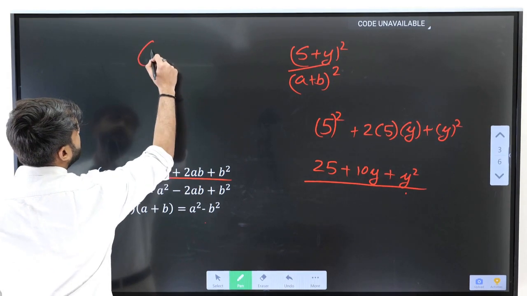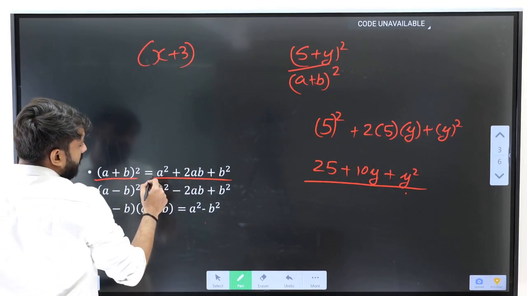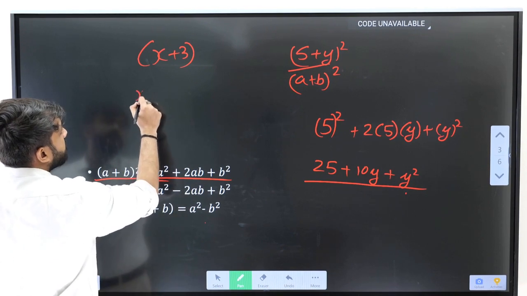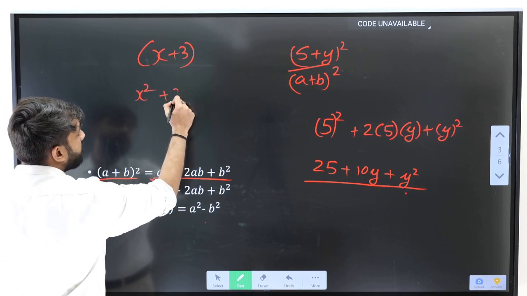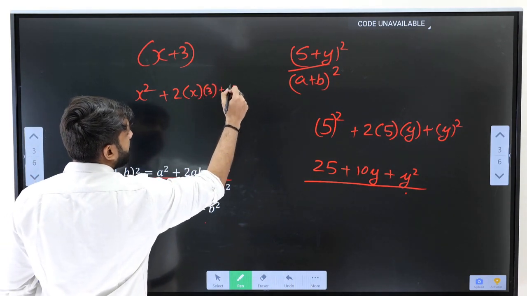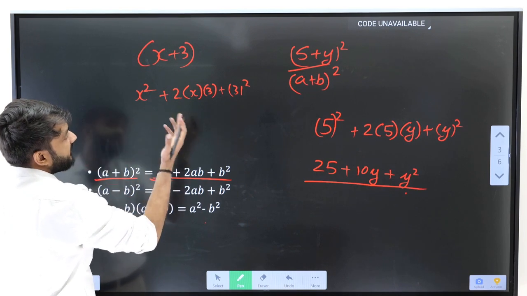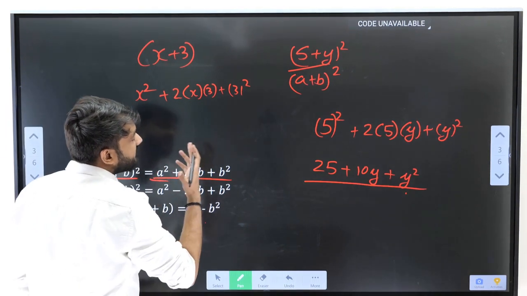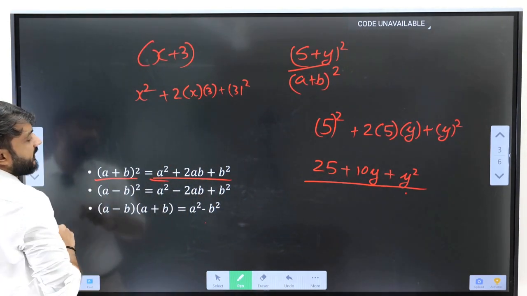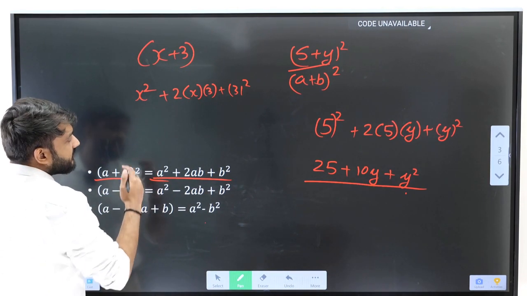Let's try one more. Let's try x plus 3. Now, I can just simply put in the values here: x square plus 2 into x into 3 plus the square of 3, right? Because if x is in place of a and 3 is in place of b, I can simply rewrite the whole thing as a square plus 2ab plus b square.